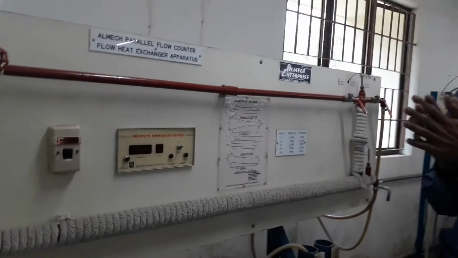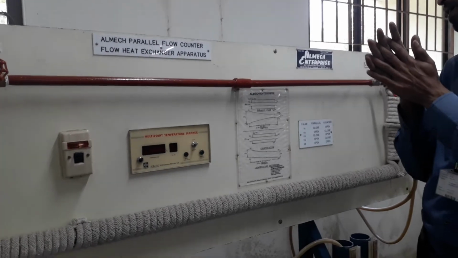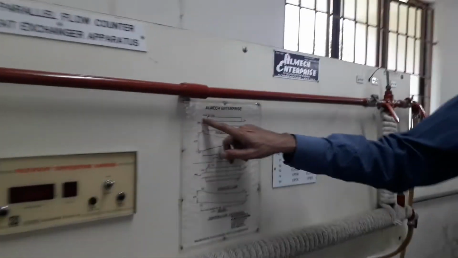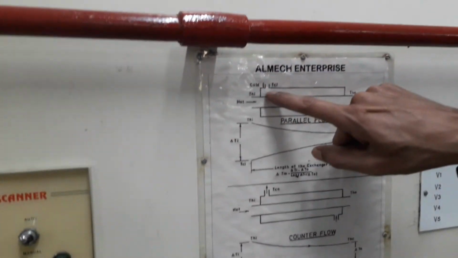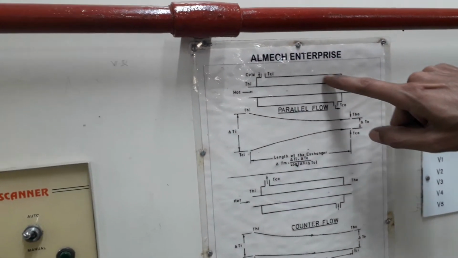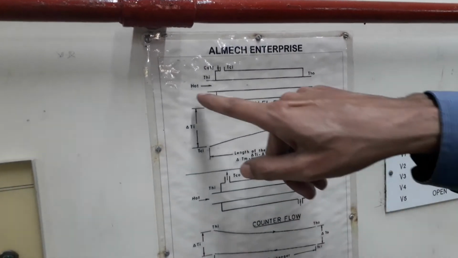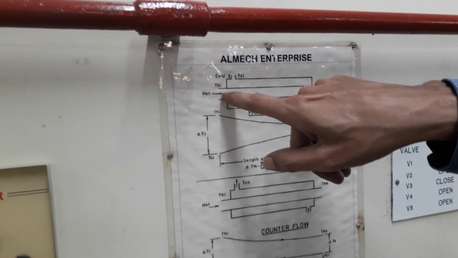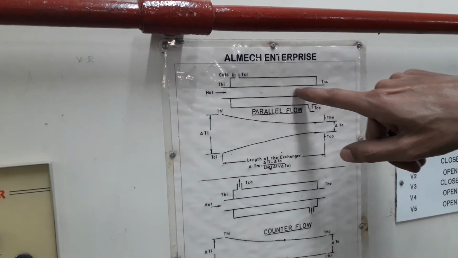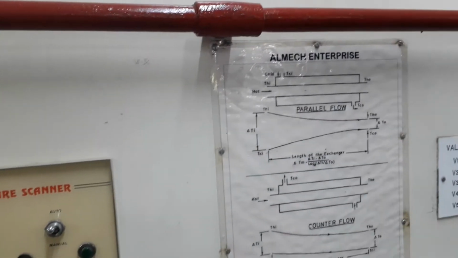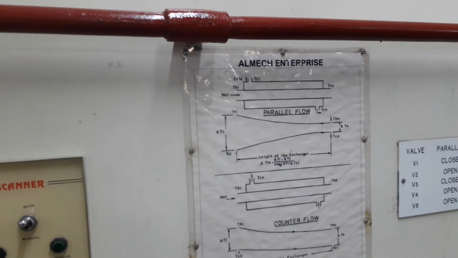But basically, here we can see this diagrammatic representation. I am having cold water coming in and it is becoming hot, and going away here, and similarly hot water is going through and will become a little bit cold and will be leaving. So these are parallel flow heat exchanger operation.